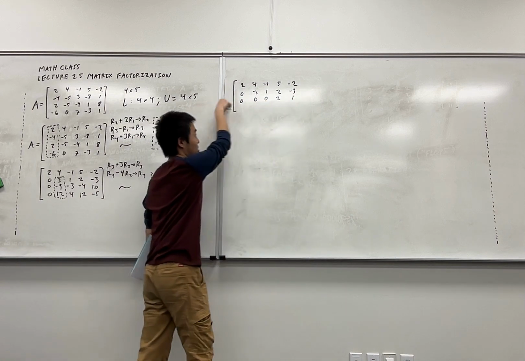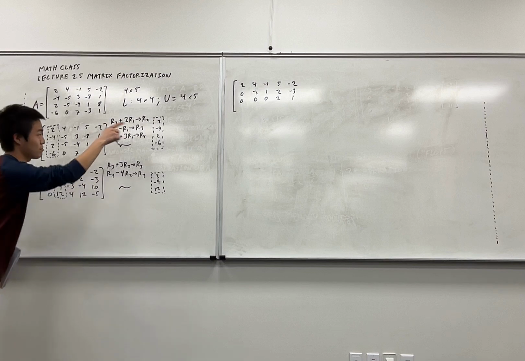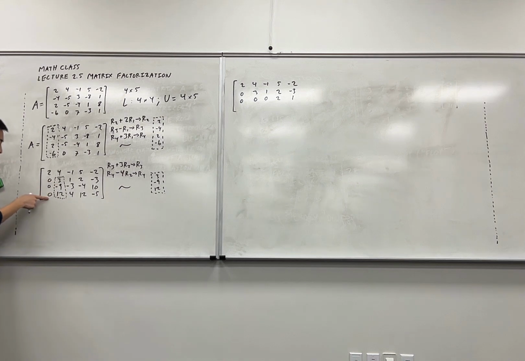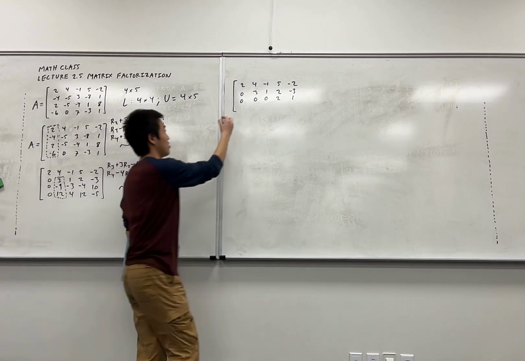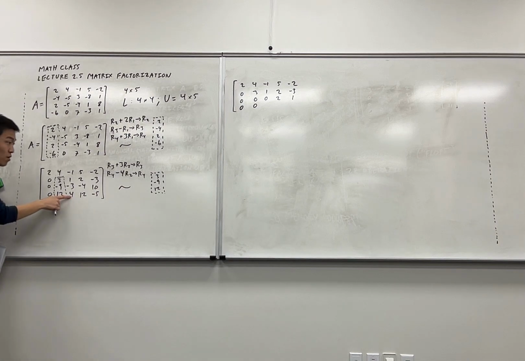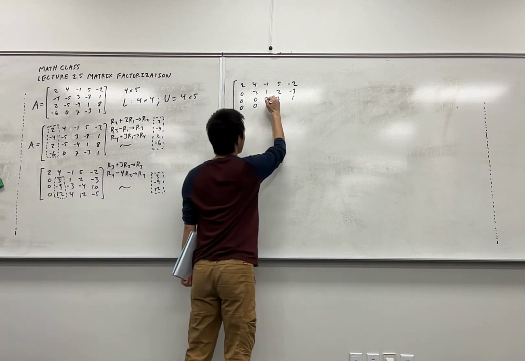So I just replaced row 3, and now I'll replace row 4. So row 4 is going to take here, and then quadruple row 2, so 0 minus 0. By design, that's 0. 4, and then I'm going to subtract 1 times -4, so 4 minus 4 is 0.